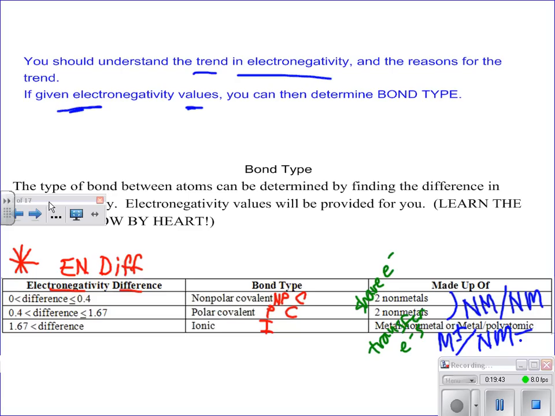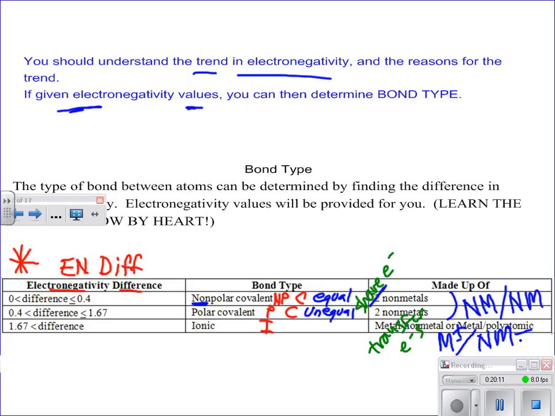So your nonmetals share electrons. They can either share them equally or they can share them unequally. So if they share them equally, that's sharing there. Equal sharing would be considered nonpolar covalent, and if it's unequal sharing, it's considered polar covalent.